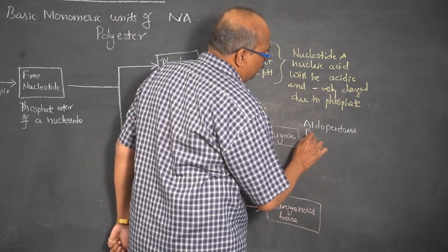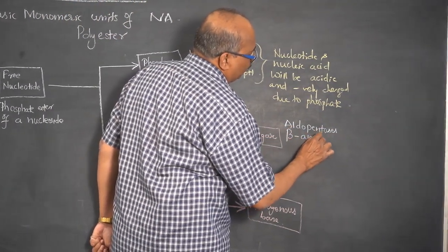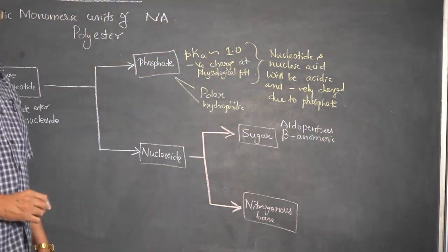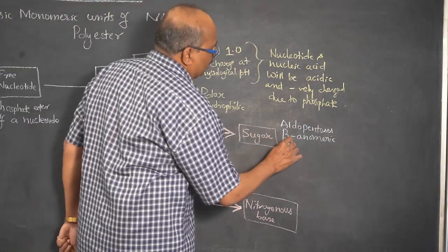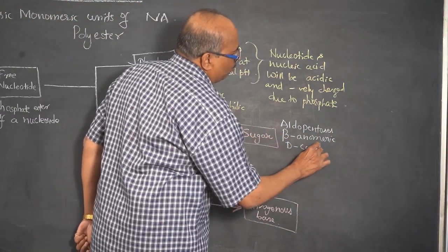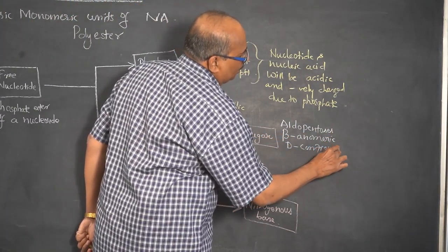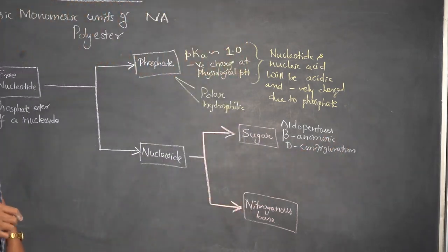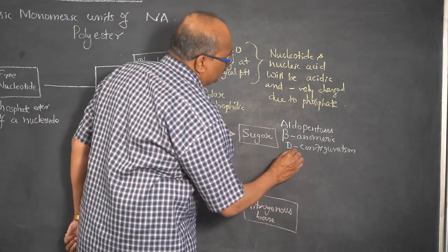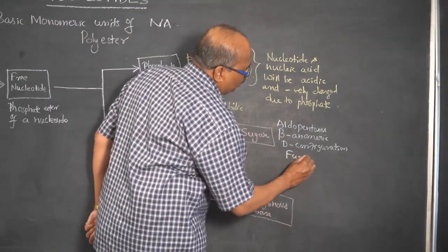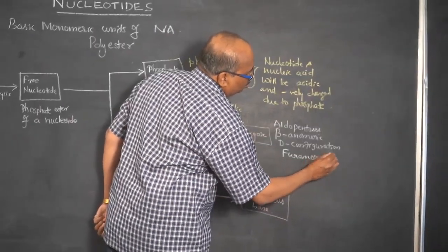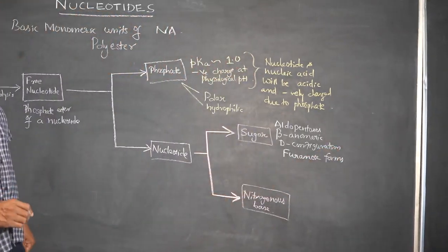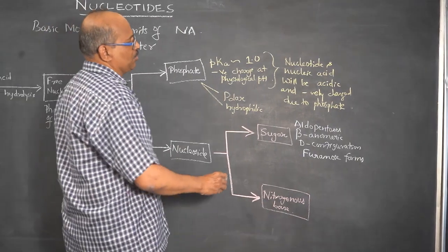They exist in beta anomeric form, which is more stable. They have D configuration, which is true with most of the naturally occurring sugars. They exist in 5-membered ring structures. That's what we call furanose forms.